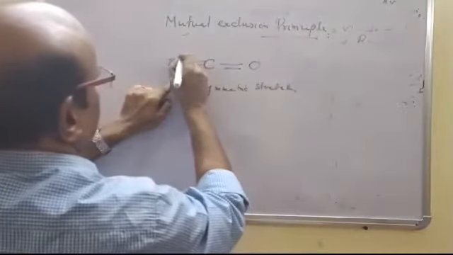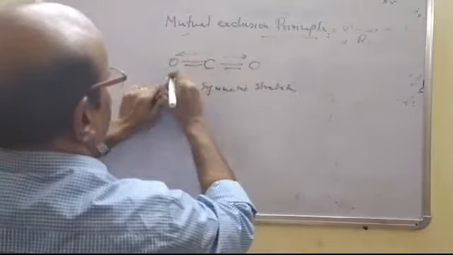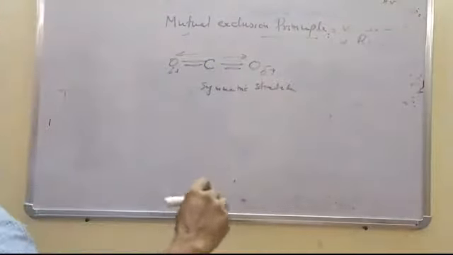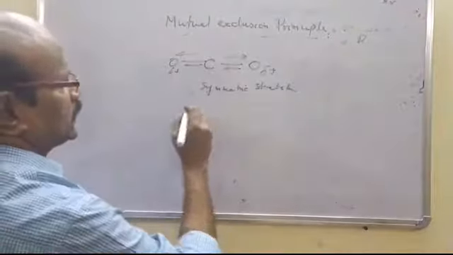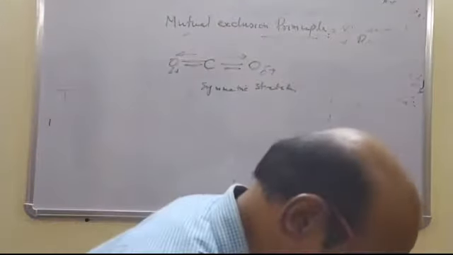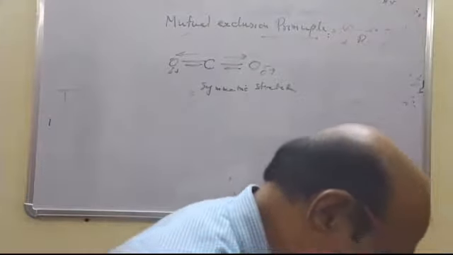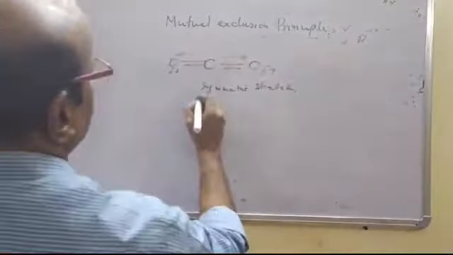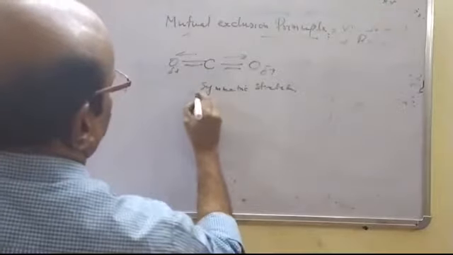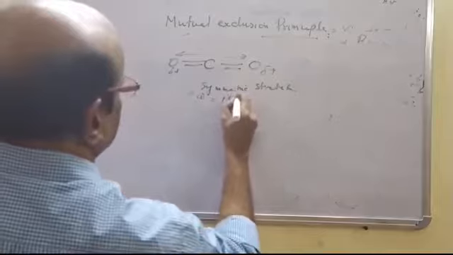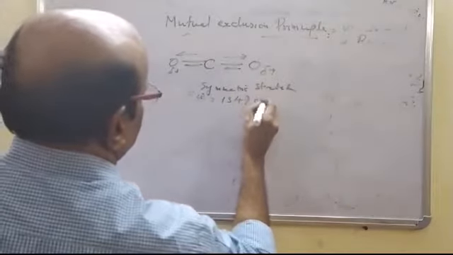stretching vibration. The symmetric stretching vibration does not produce... it has an oscillation. Characteristic oscillation ഉണ്ടെന്ന് നിങ്ങൾക്കറിയാം. 1347 ആണ്. Omega 0, it has an omega 1347 centimeter inverse.